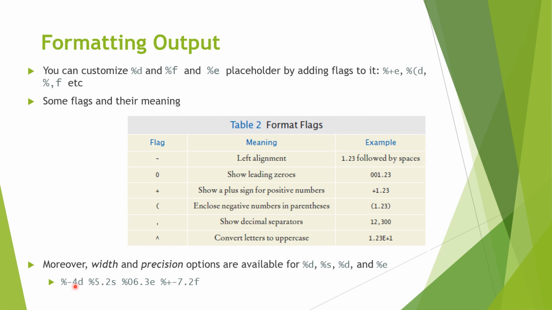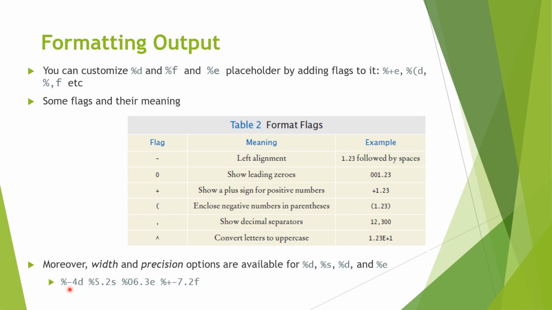If you don't have enough characters, then it's going to pad your number with extra leading spaces. For example, if you want to print 5 using %4D, we're going to have 3 spaces before the number, because you have a 1-digit number and you want the width to be at least 4 characters. So you need to add some leading spaces. Because of this minus sign, the spaces should be to the right.